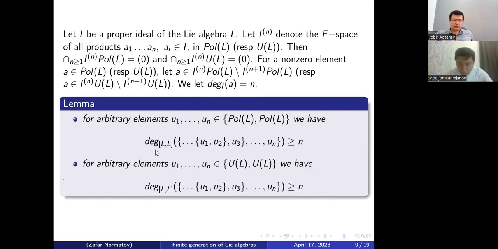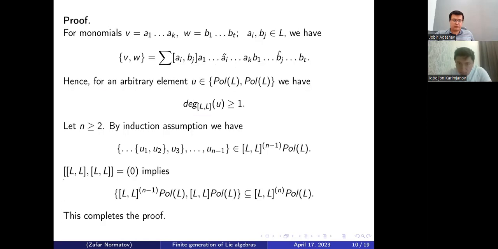Also they prove the following lemma for arbitrary elements in this bracket: the degree is greater than or equal to n. This is also true for the universal enveloping algebra. The proof is easy, actually.